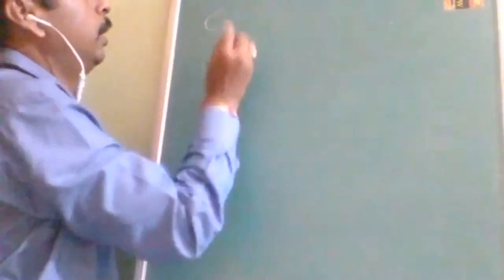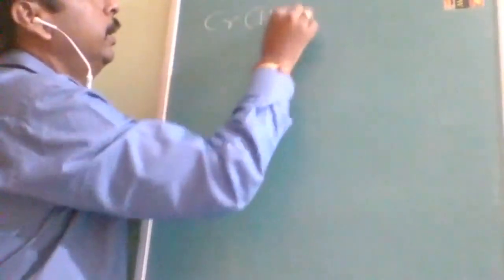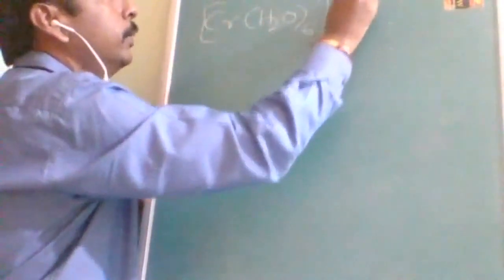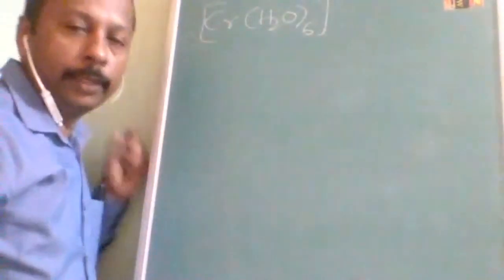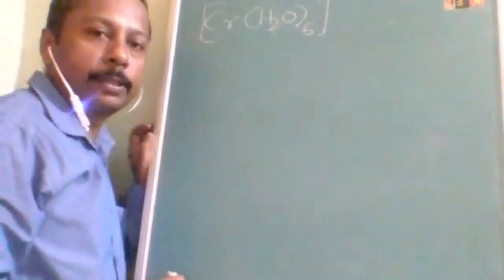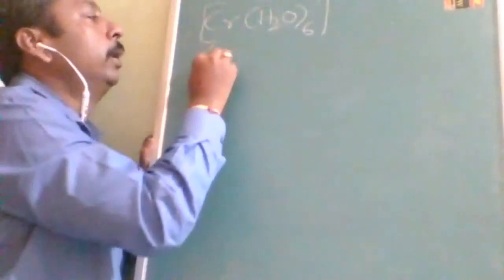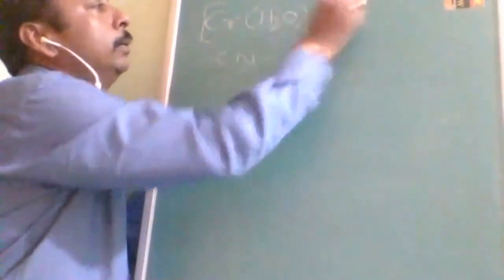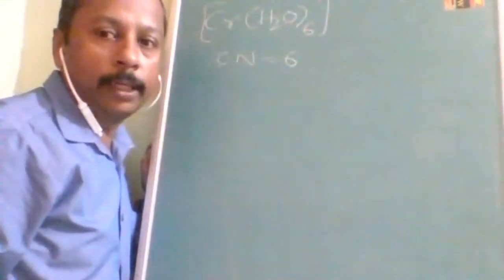Suppose Cr(H2O)6 3+. Okay, so here the coordination number is how much? 6. In coordination number 6, you directly find out, and water is a neutral ligand.